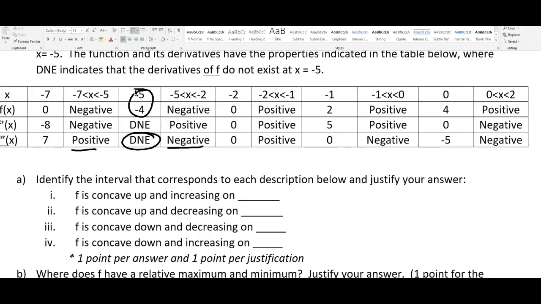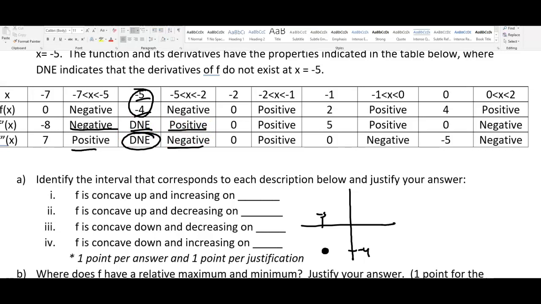And in fact, I can draw a picture of this for you. We're at the point x equals -5, y equals -4. So we'll call that -5. We'll call this -4. So I've got a point right down here, basically, right? And my first derivative goes from negative to positive, but it doesn't exist. And this is a continuous function.